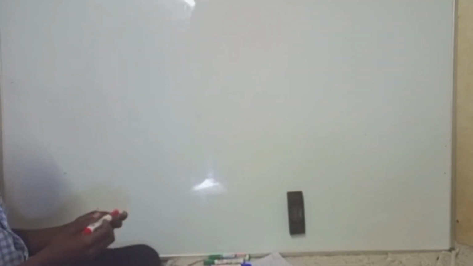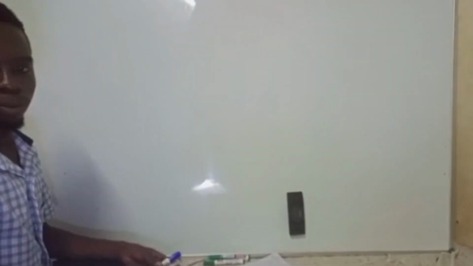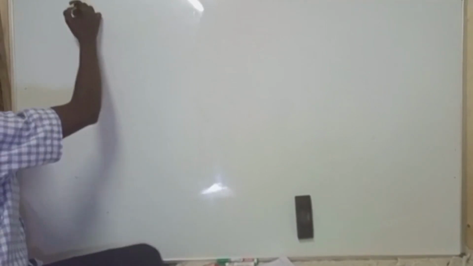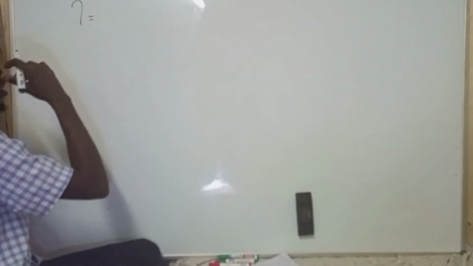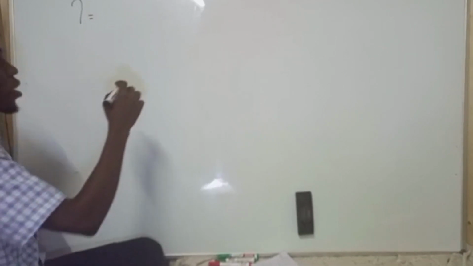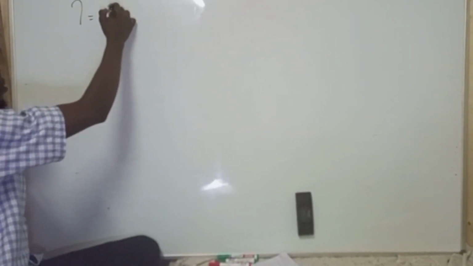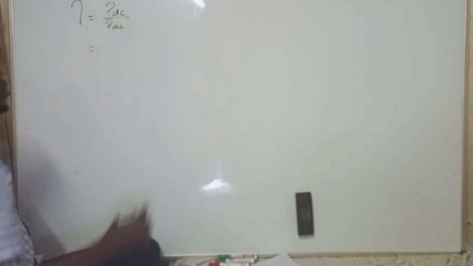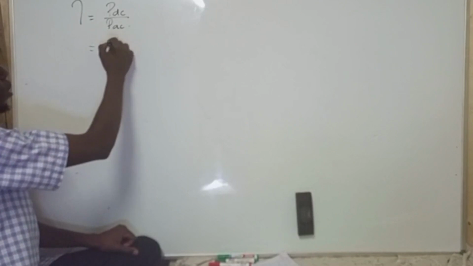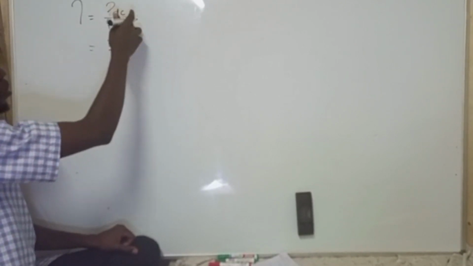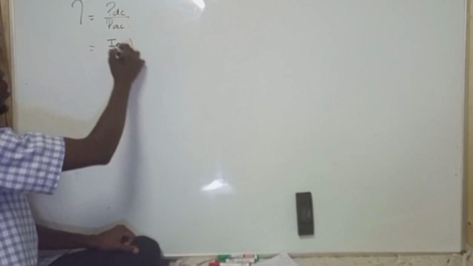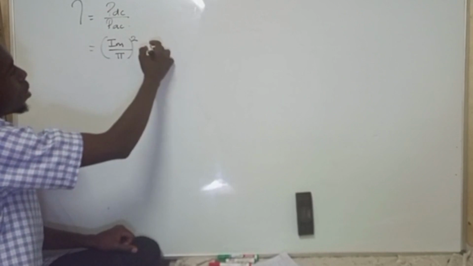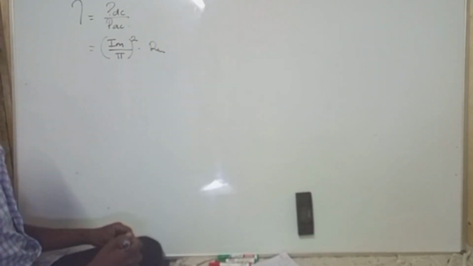I will have to explain something little to do with the overall efficiency of this system. So the overall efficiency is what we have been defining, and it is going to be equal to the PDC that we got over PSC. Our PDC we got was I max over pi, we said, remember, we just divide by pi T square times our resistance across the DC, which is RL.